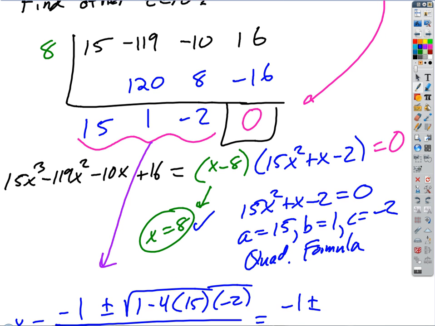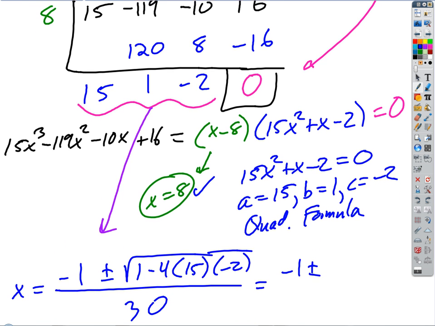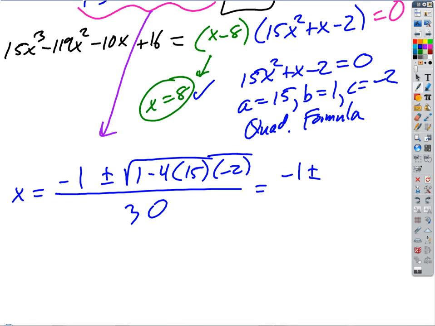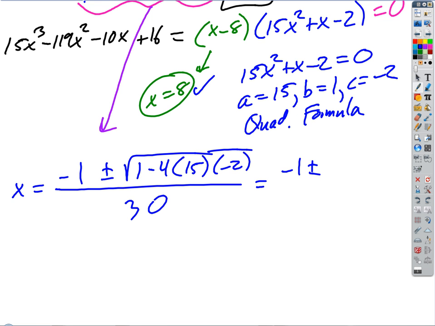Okay. Is it supposed to be? Oh, it's one. Never mind. It's right. That's 120 plus 1 is 121. Right? Everybody see that? I knew it had to be a perfect square, and I just couldn't figure out what was going wrong. So what is the square root of 121?